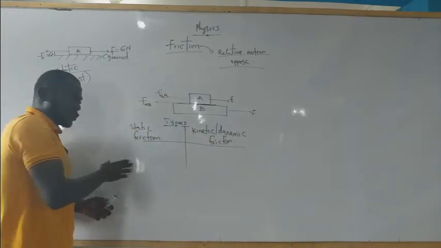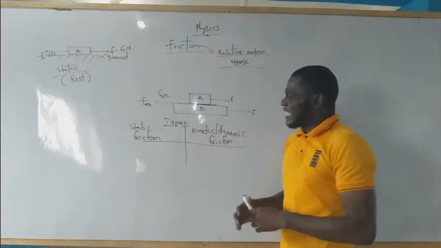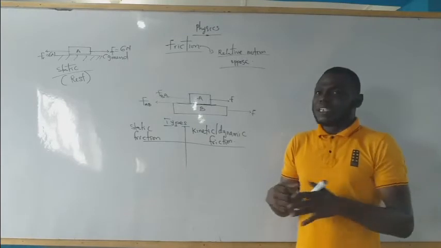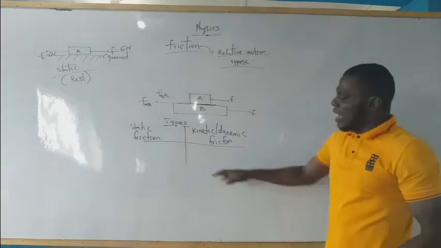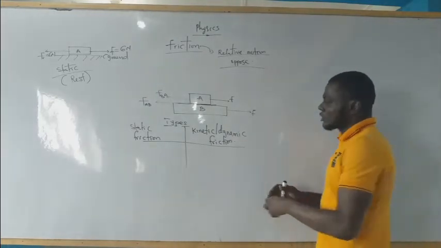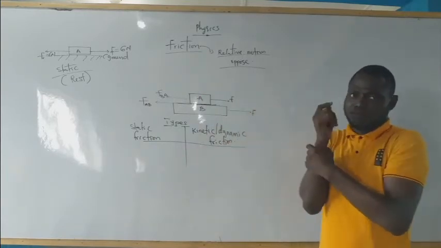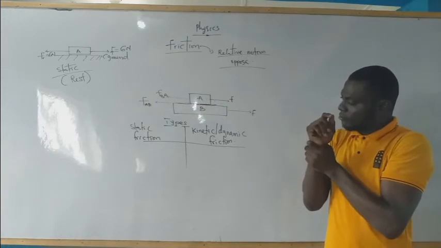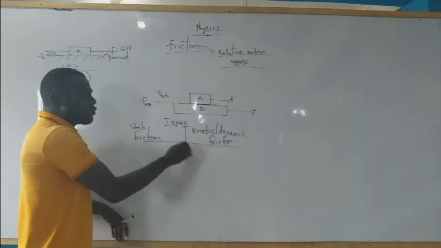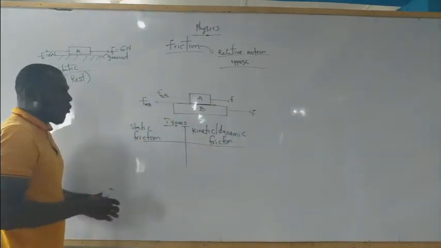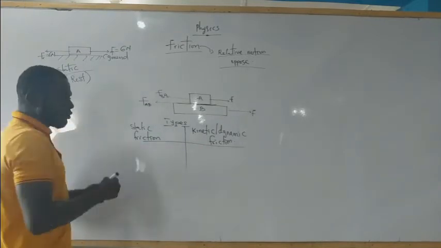What do you mean by static friction or dynamic friction? Static friction has to do with the maximum force that is required for a body to begin to move over another body.